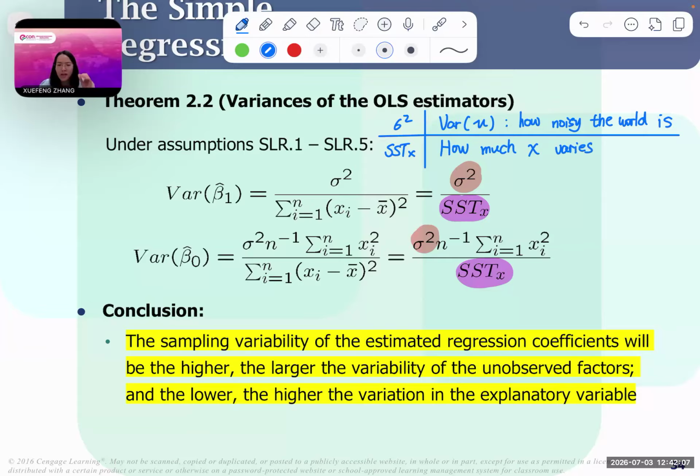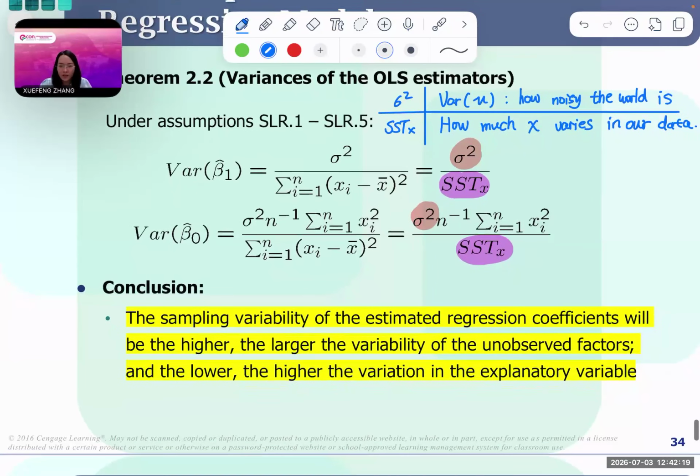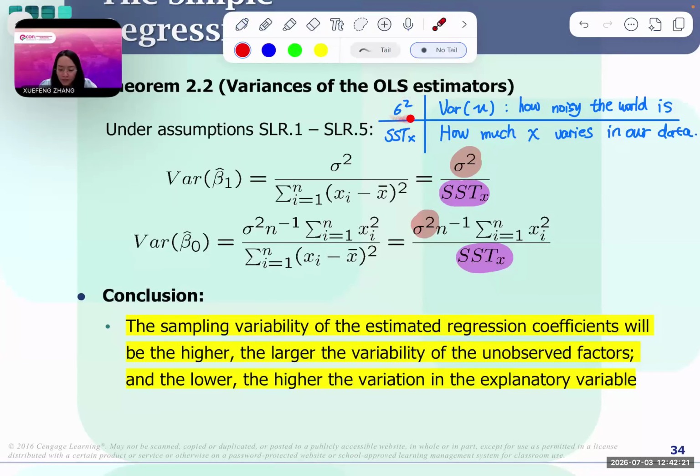Okay, how much X varies in our data. Of course, if sigma square is larger, that means larger variance of beta 1 hat, okay?